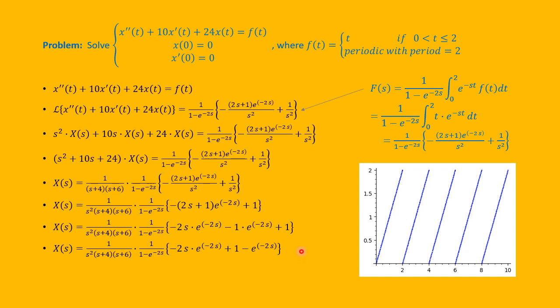Let's look ahead to see if we can figure out the rationale for making this change. Here we have a 1 minus e to the minus 2s, and right here we have another 1 minus e to the minus 2s. We're going to use that fact to simplify this expression for x of s.